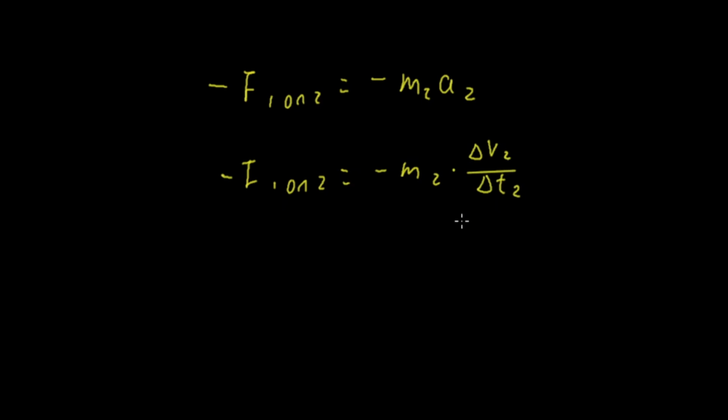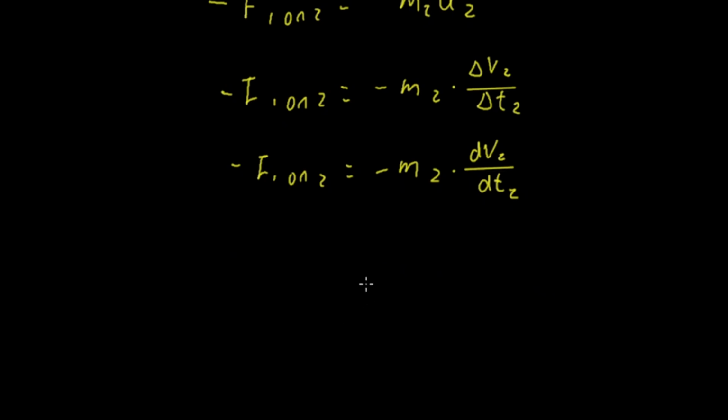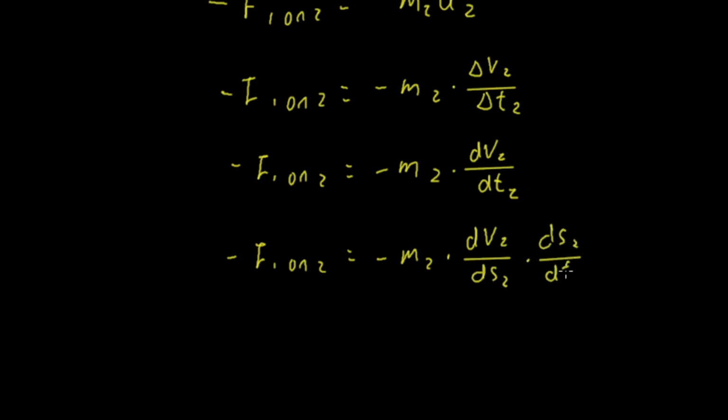And then we have to write this in calculus, right? So we will have this times dv2 over dt2. Apply the chain rule again. We have this dv2 over ds2 times ds2 over dt2. Right? The twos are subscripts.